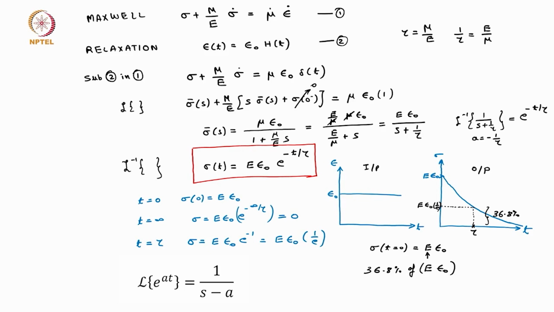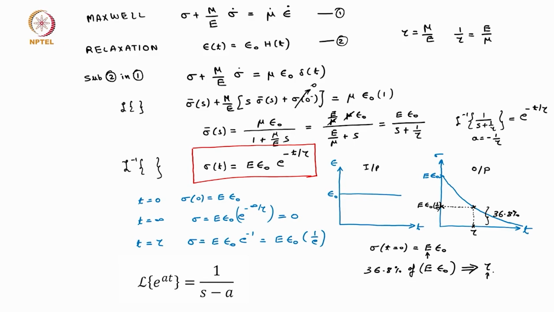Once you know that, you mark it on the y axis and then trace it to the point on the curve, and then again if you trace it to the x axis, then you get what is called the relaxation time tau.